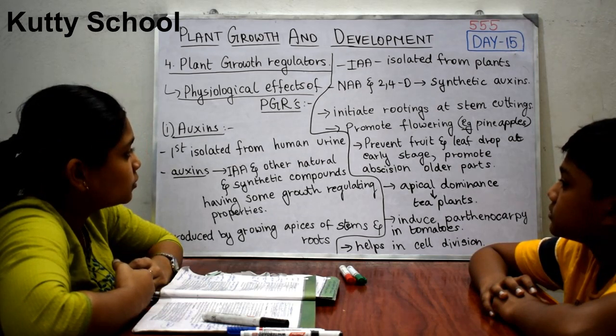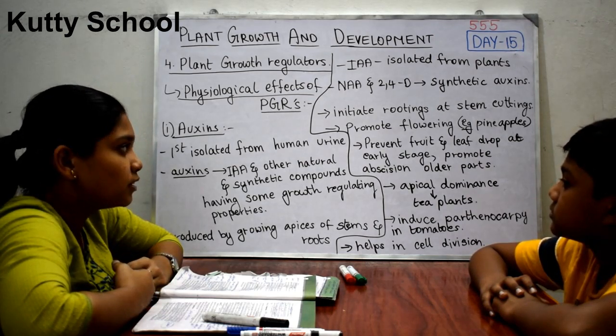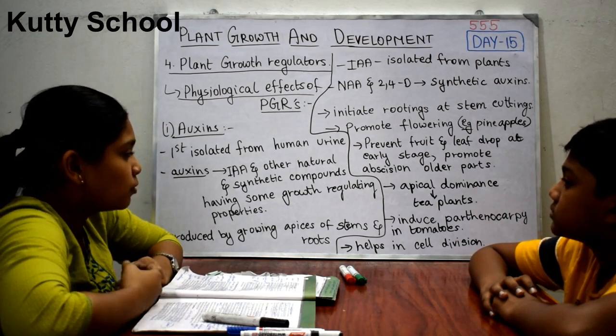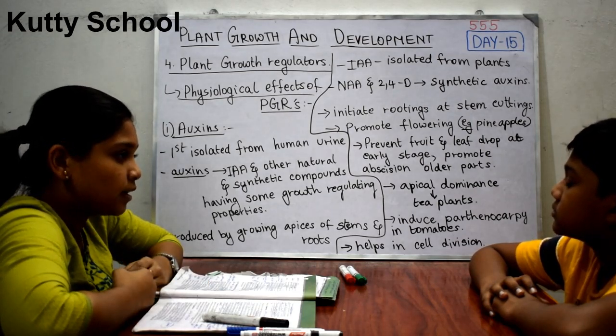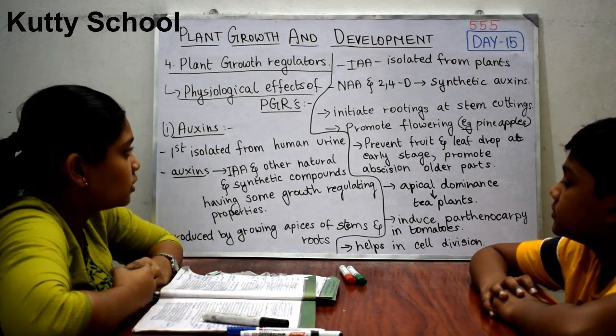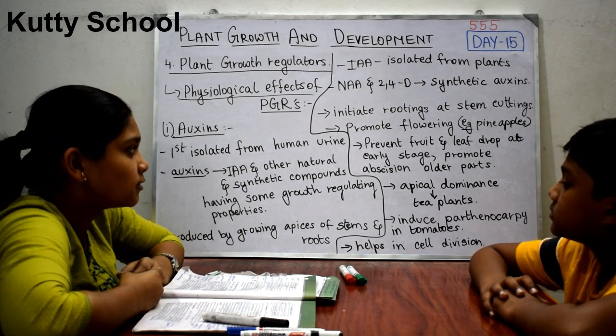These auxins initiate rooting in stem cuttings. If you cut a stem and apply auxins, it produces roots from the stem cuttings.